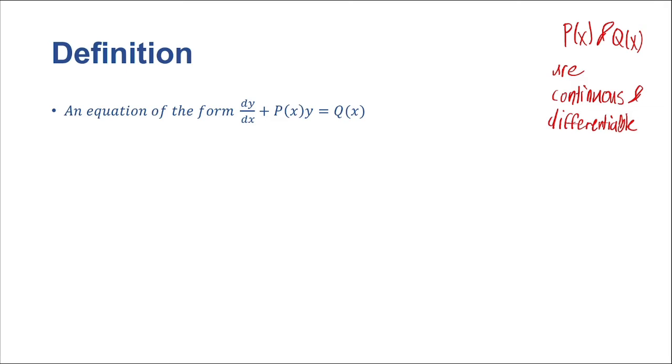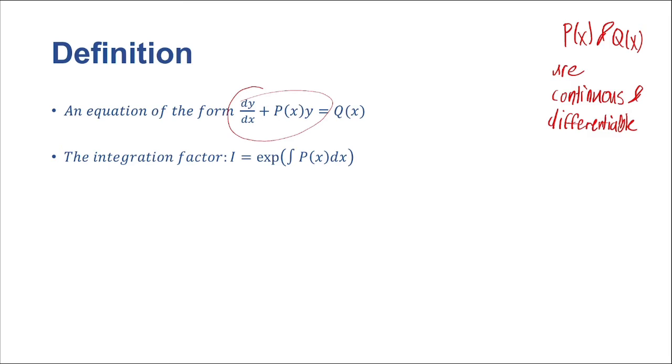And the way that we deal with this is we're going to define some integration factor. What you're actually going to see is that you can look at this in terms of a product rule, and that's going to come into play really well.